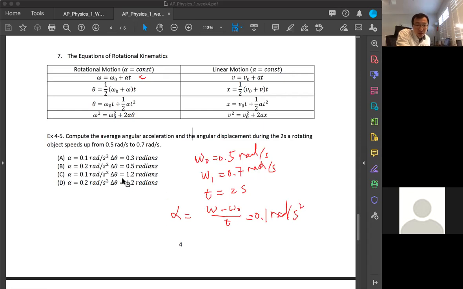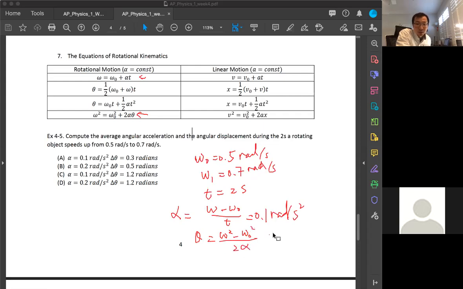Second, they ask for the angular displacement. Theta is equal to omega squared minus omega naught squared over 2 alpha.